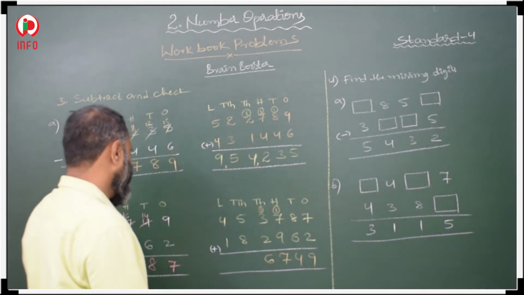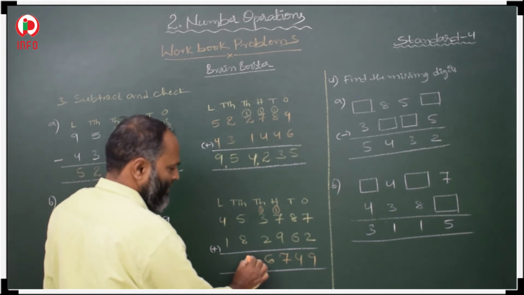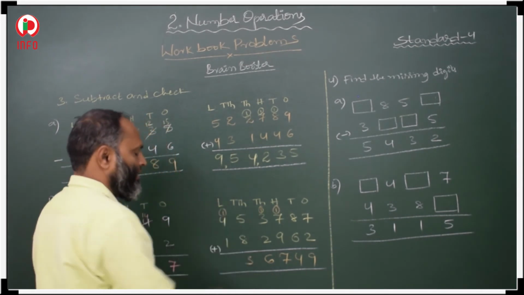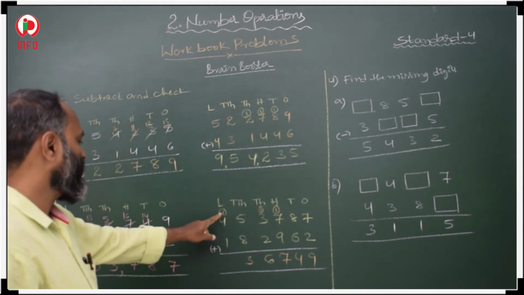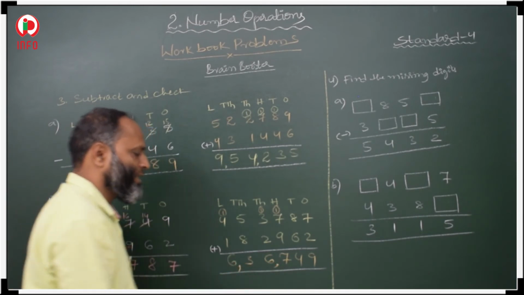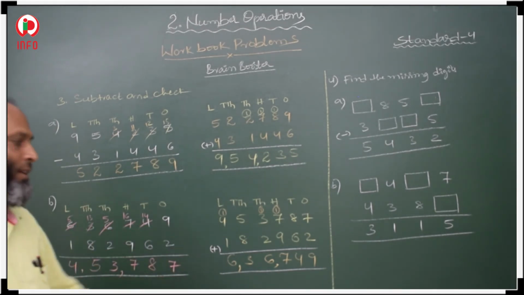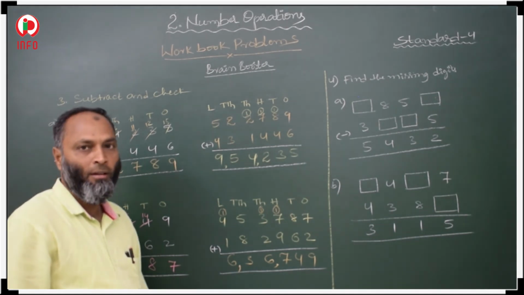Single digit. 8 plus 5, 13. 13 means 3 and 1 lakh. 4 plus 1, 5. 5 plus 1, 6. 6 lakhs 36,749. So we will get the minuend.